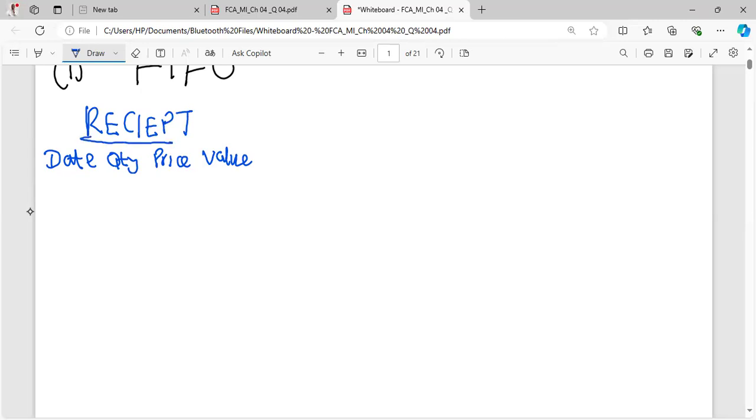Then the next one is dates, quantity, price, and value. This will be issue. Then of course we won't put date here.